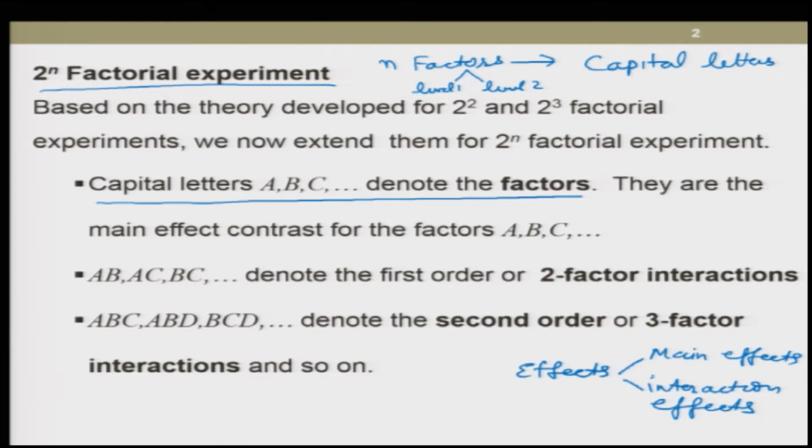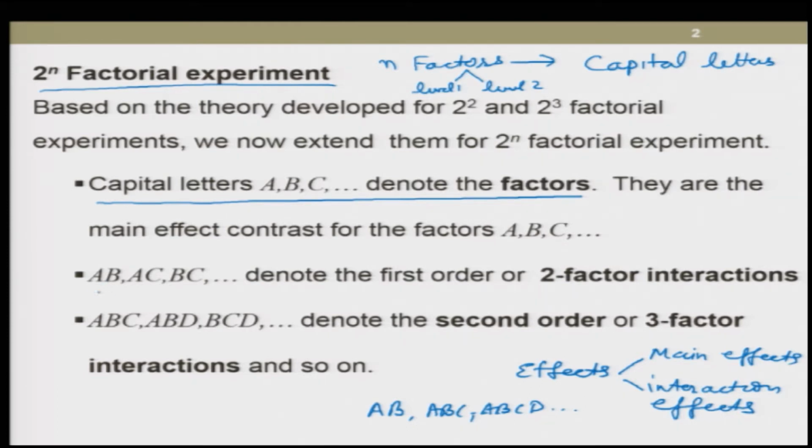Now you can see from these 2 examples of 2 square and 2 cube factorial experiments that the interactions can be something like ABC and so on. If we have some higher order factorial, possibly those interactions can be ABC, ABCD and so on.